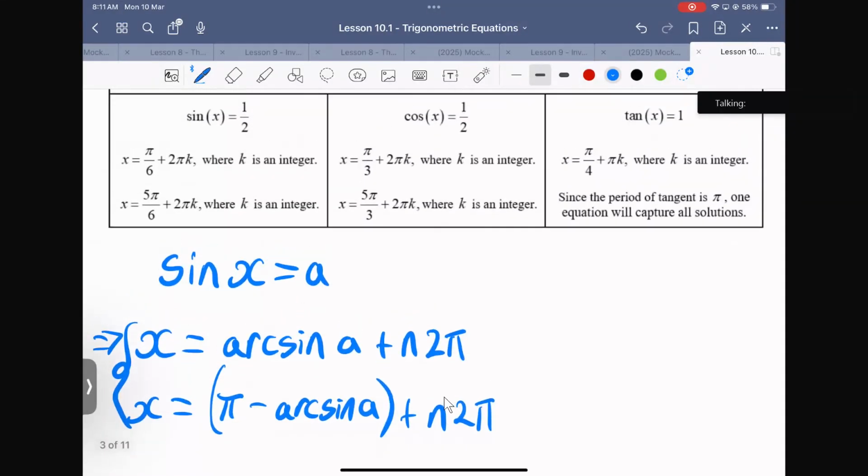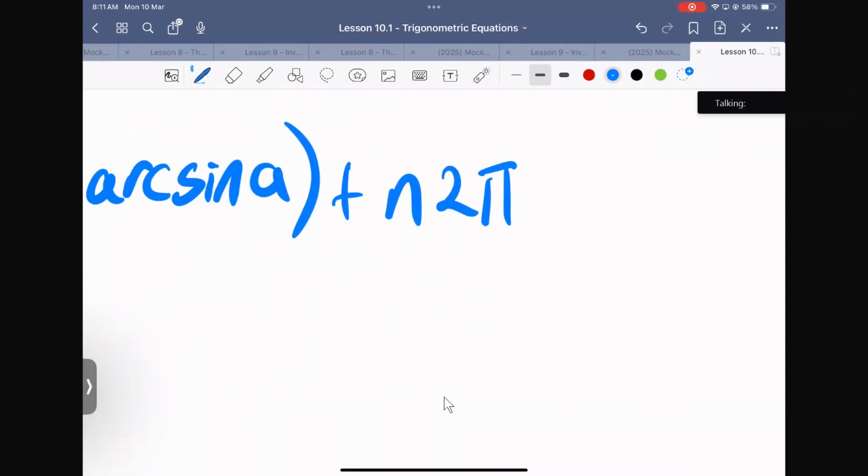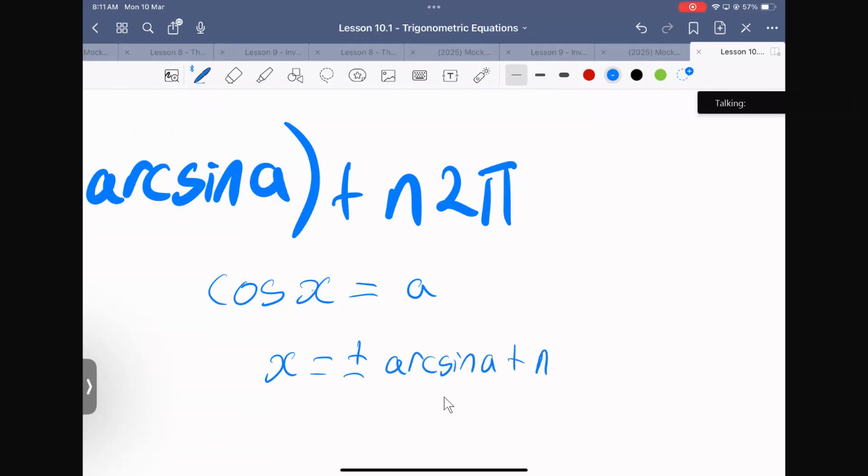Let me just do them all. For the cosine one, I'll squeeze it in down here. If the cosine of x is equal to a, then x is equal to plus and minus arc cos of a plus n2 pi.